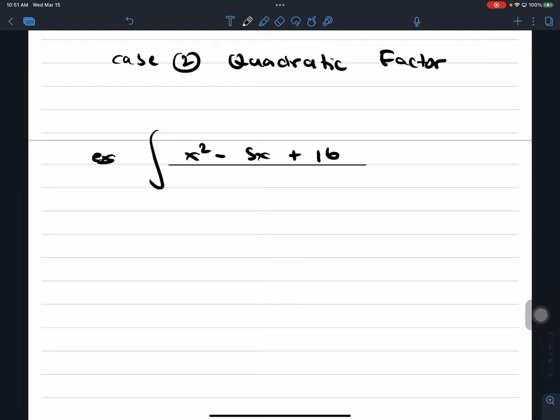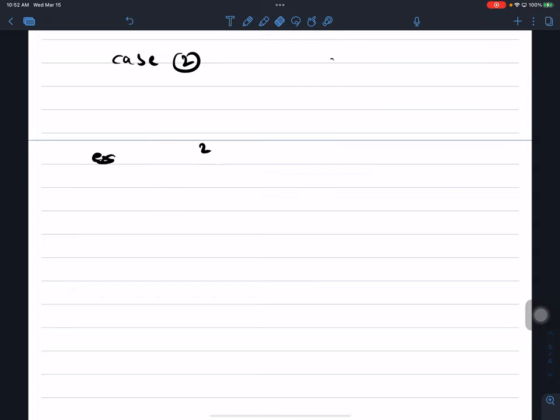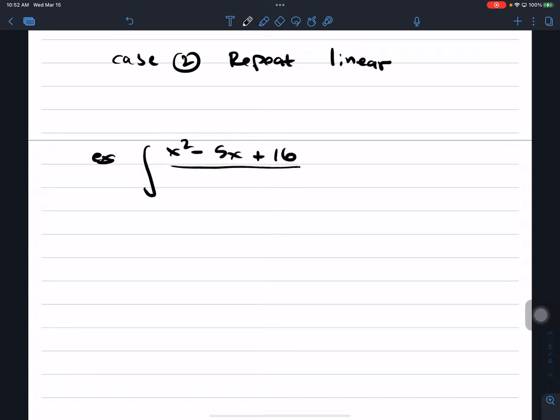Well, I can do this better. Before going to the quadratic, sorry, I apologize, let's do a repeat linear. We should stick with the linear before we jump to quadratic. We're going to do a repeat linear. What does that look like? You have x squared minus 5x plus 16 over, here's a linear factor, 2x plus 1.